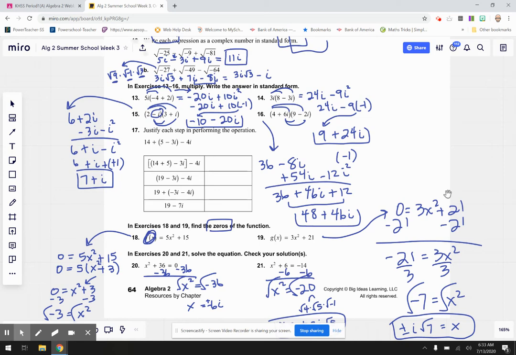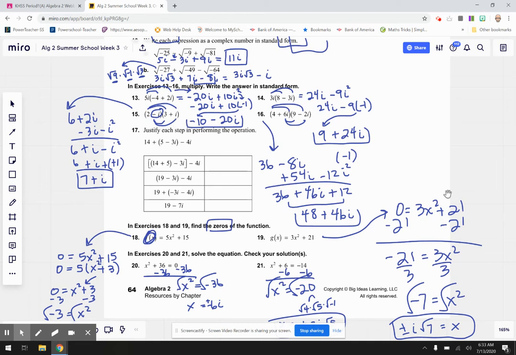So we're going to take that i squared out, and we're going to put in a negative 1 in its place. So we get negative 20i comes down. You can't do anything with that, but 10 times negative 1 would just be negative 10. So I'm going to put that in the front. And then negative 20i, we're going to put in the back. So that would be 13.